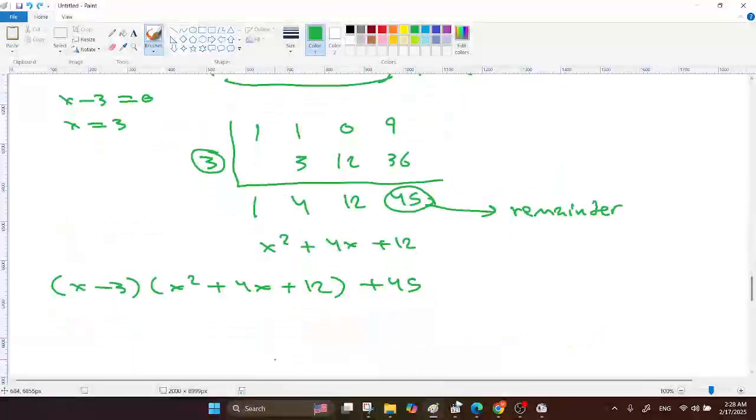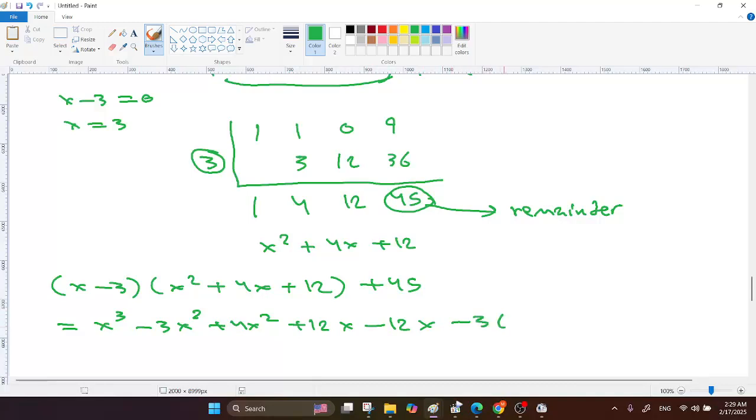Let's calculate. So here equals x cubed minus 3x squared, x cubed minus 3x squared plus 4x squared. Okay. We also have now x term. So plus 12x minus 12x minus 36 plus 45.